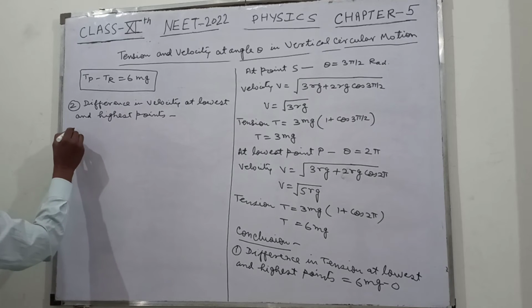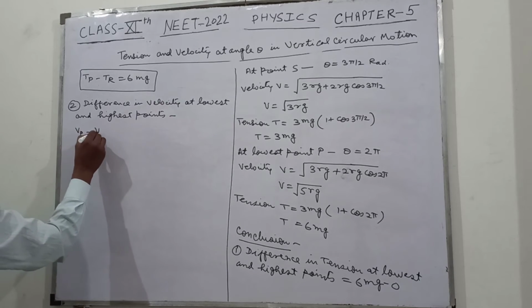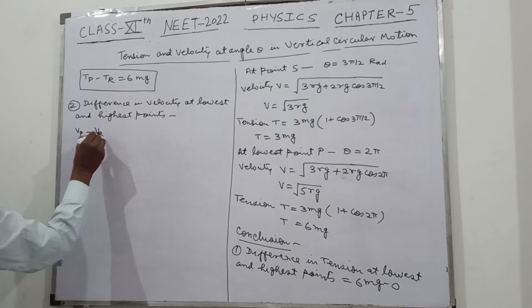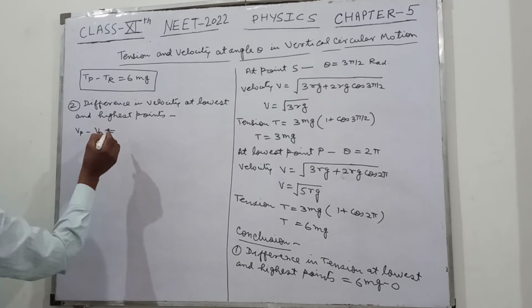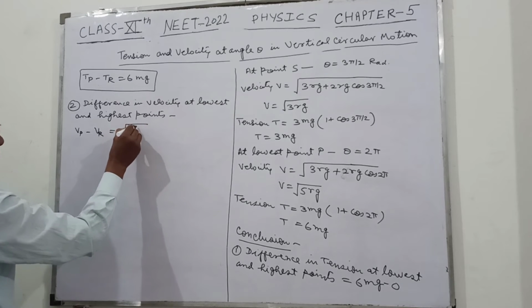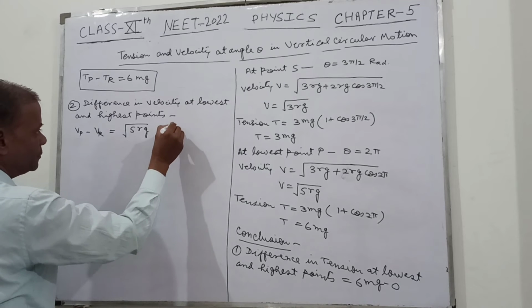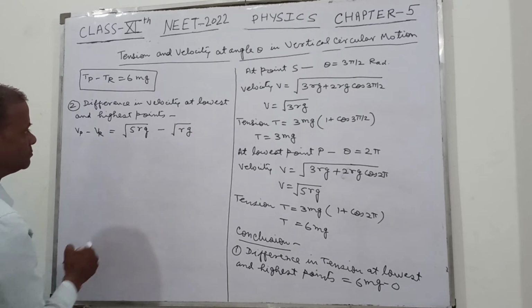This means that at lowest point, this is now your Vp minus Vr. So at the lowest point, I have told you this is equal to square root of 5Rg. And this is square root of Rg.